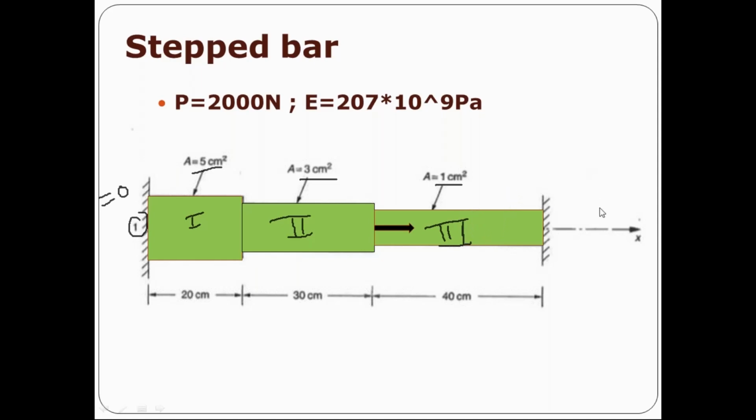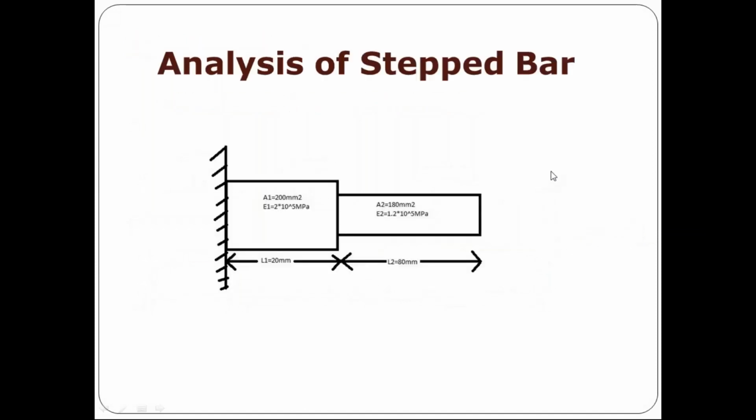Then in the previous slide we have also seen, we are also going to learn how to make the analysis of the step bar. The difference here is the first step is having Young's modulus 2 into 10 raised to 5, and for the second step Young's modulus is different.